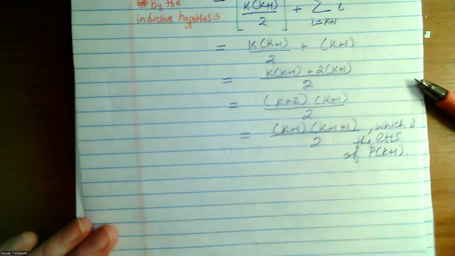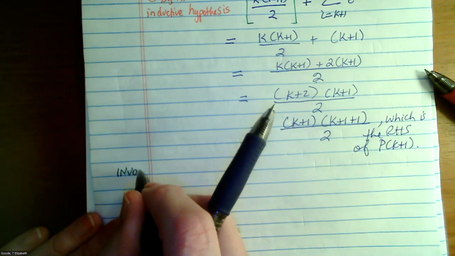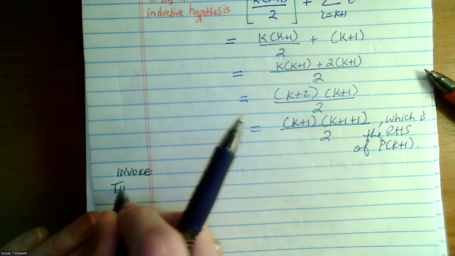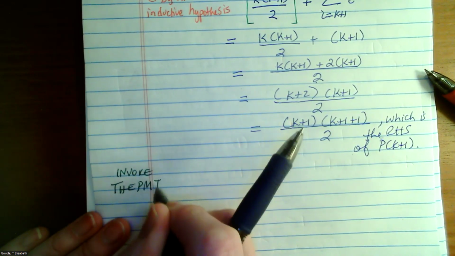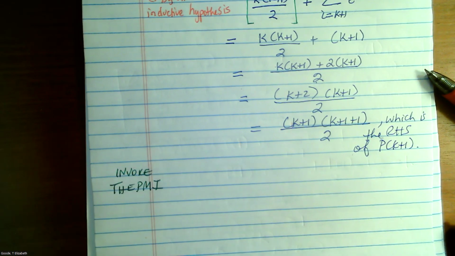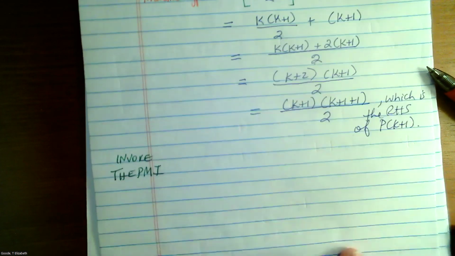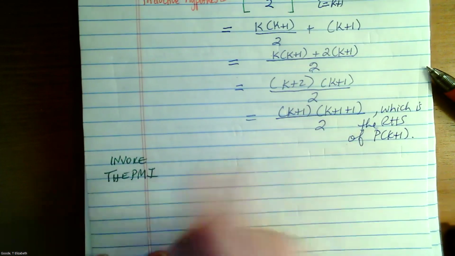Not quite done. We have to invoke the PMI, folks. It's not complete until we invoke the PMI in order to get what we really wanted, which was that this is true no matter how big n gets.